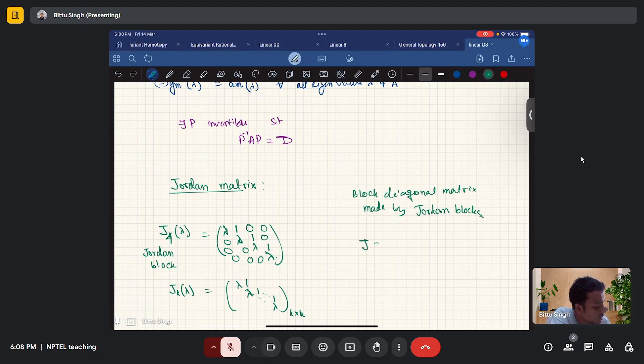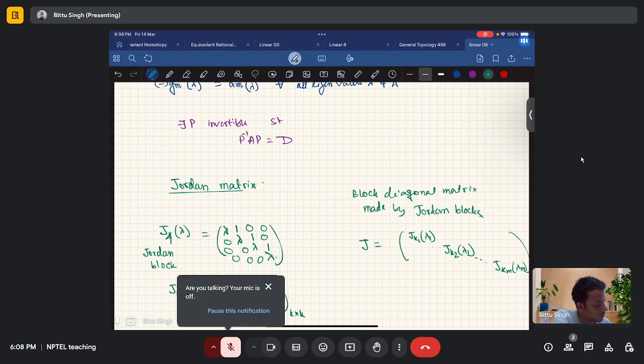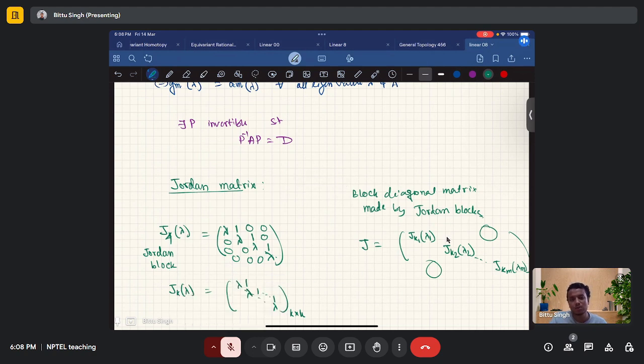Let us denote it by J. J will take the form: some block Jk1 lambda 1, another block Jk2 lambda 2, etc., up to Jkm lambda m, and except for those blocks, everything else is 0. Those types of matrices are called Jordan matrices.